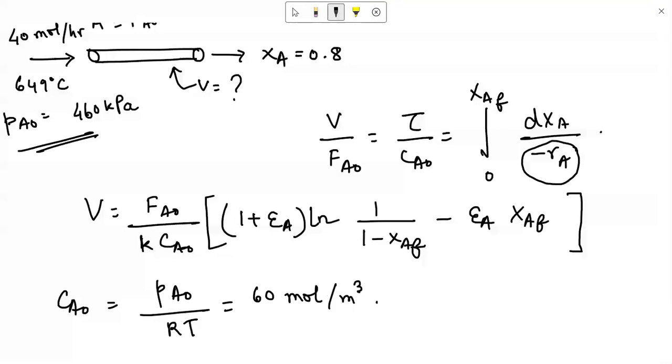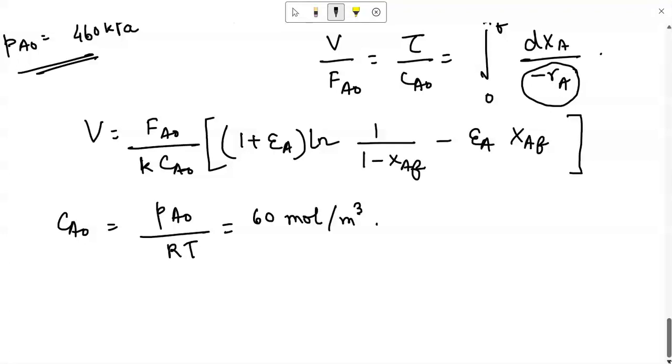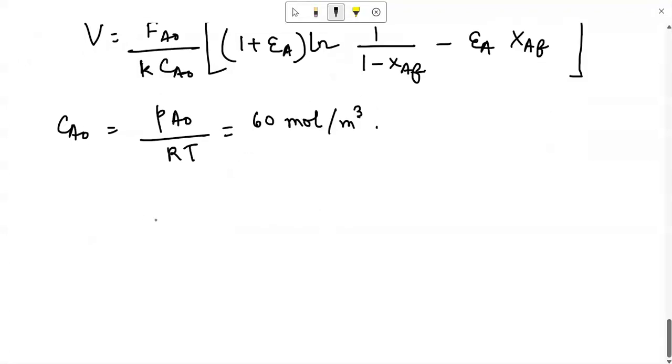The next thing you need to calculate is epsilon A. This epsilon A is not known, so we'll find it using the information from reaction stoichiometry. The reaction stoichiometry shows 4A gives R plus 6S.